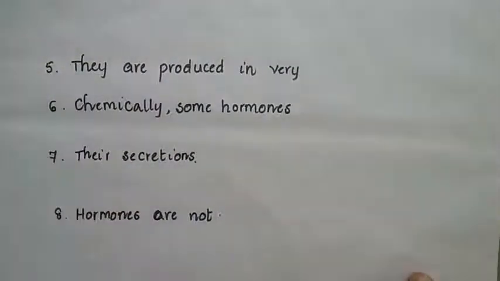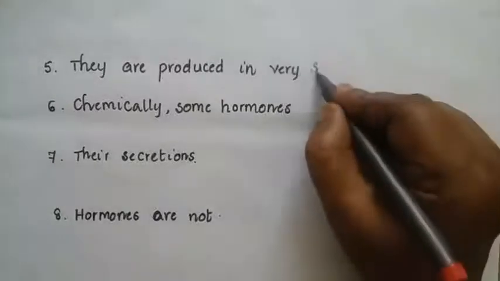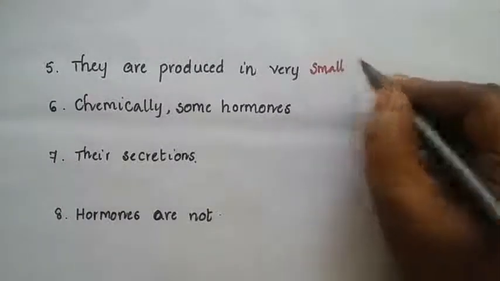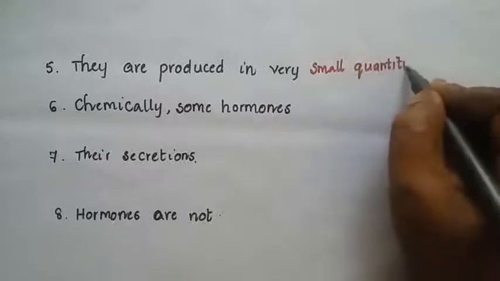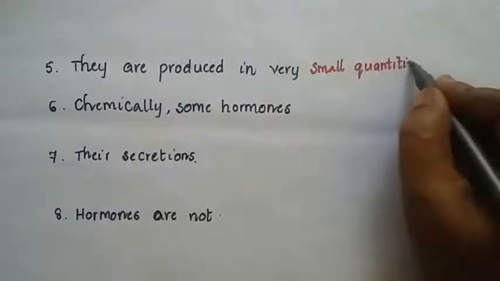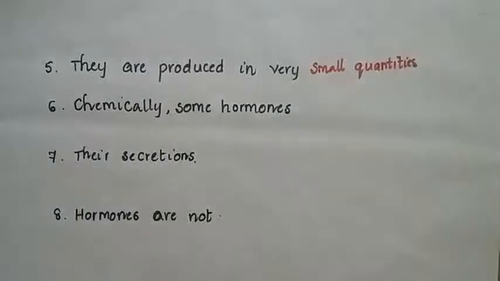Children, these hormones are produced in very small quantities, in minute quantities. Though they are produced in minute quantities, with that minute quantity they bring about a lot of change in our body.